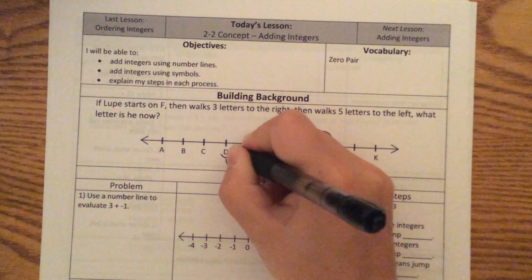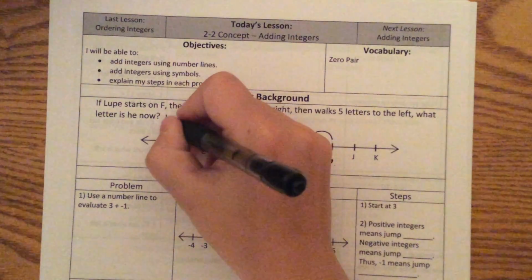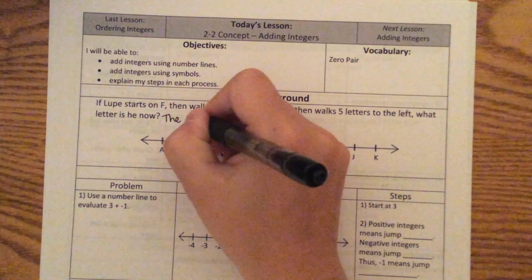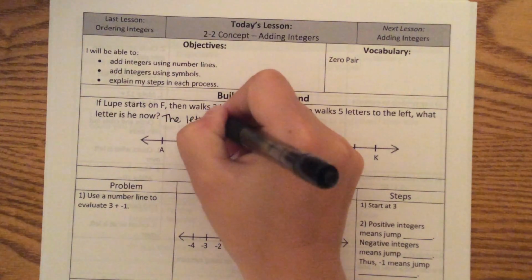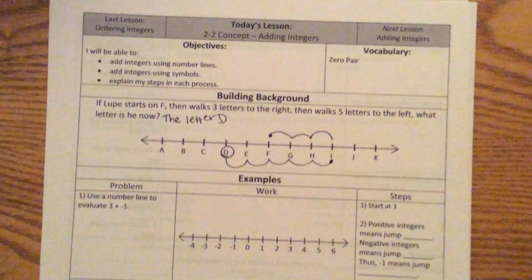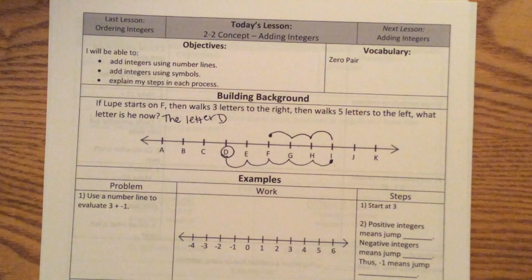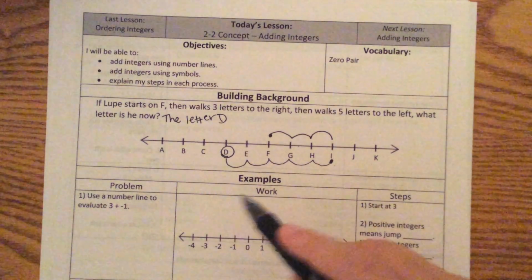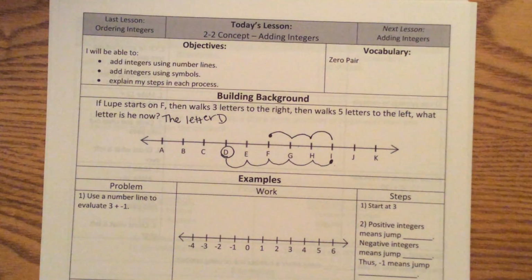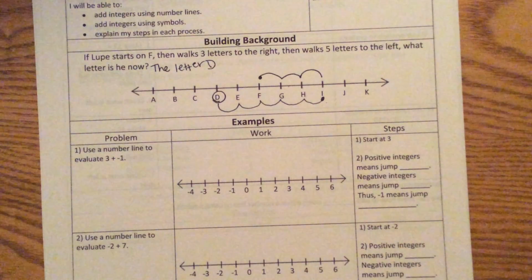So Lupe ends up at the letter D. And that's really what we're doing today for these first few problems: we're going to go right and left, or left and right, and see where we end up.